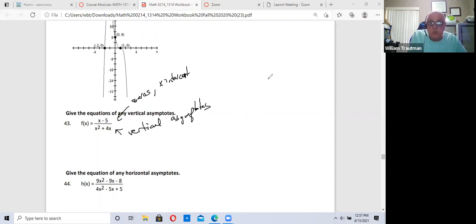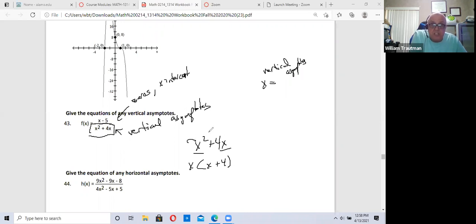Vertical asymptotes always start with x equals. And if it's not factored, you have to factor this, x squared plus 4x. If you look, an x factors out of there, then you're left with x plus 4.